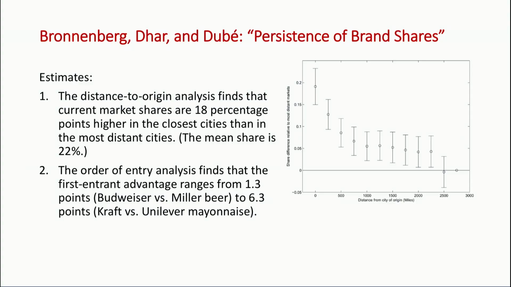The distance-to-origin analysis finds that current market shares are 18 percentage points higher in the closest cities than in the most distant cities.